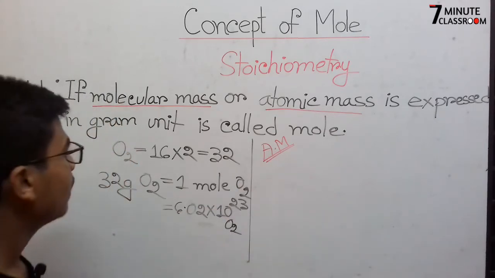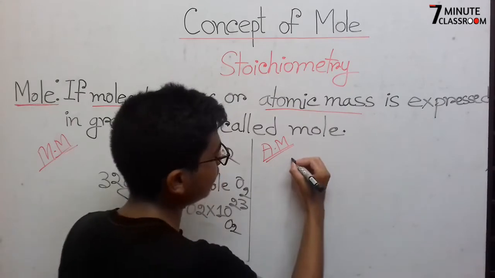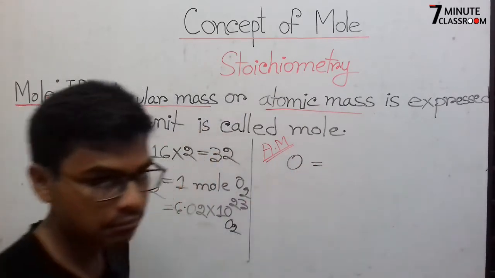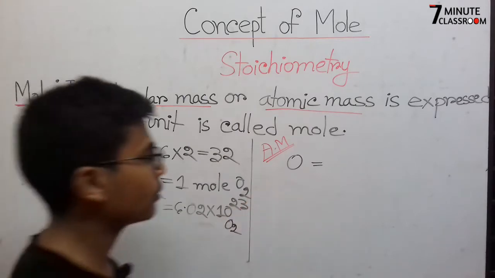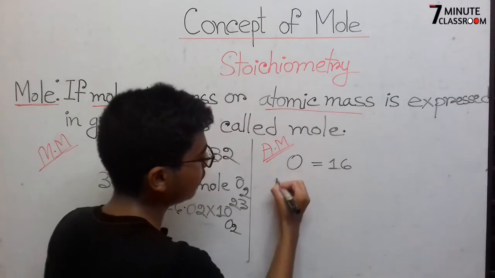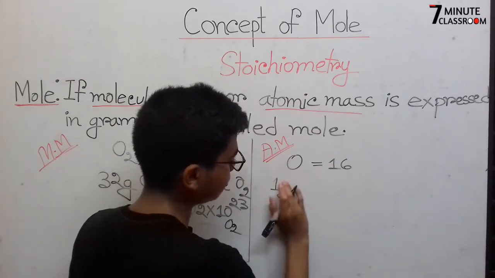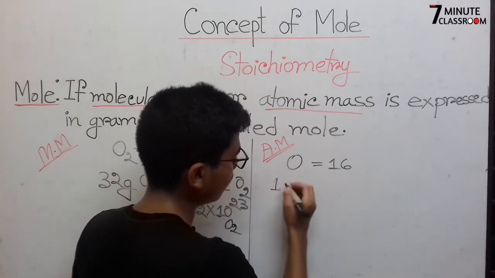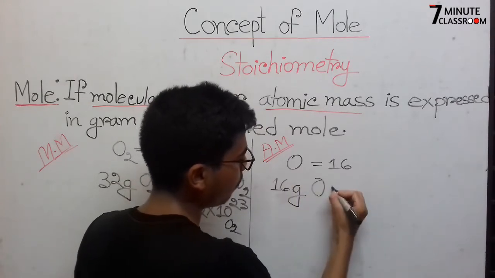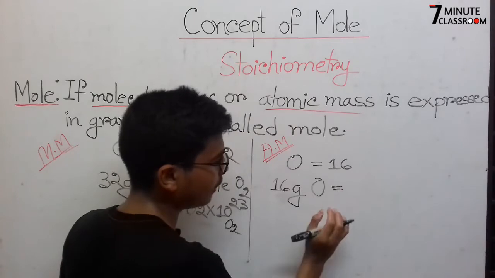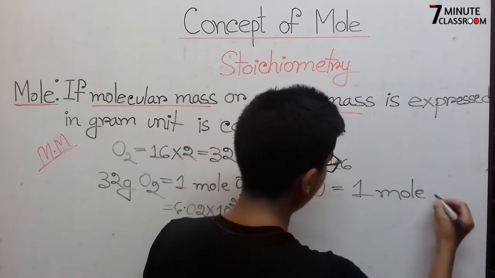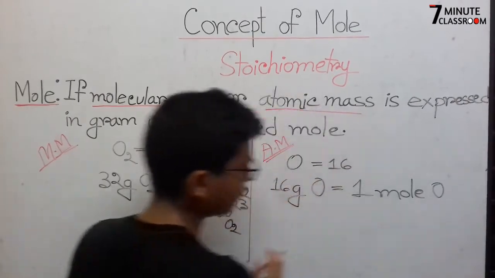So let's see, here we can write O, that means O is an atom, and the atomic mass of oxygen is 16. That means 16 gram O atom equals 1 mole O atom.